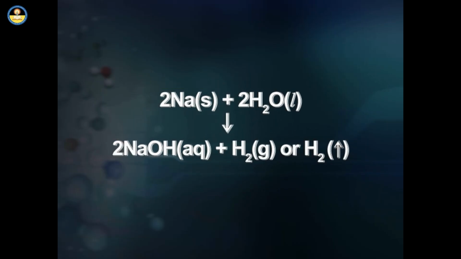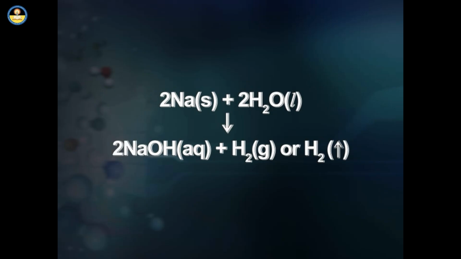Na in solid state reacts with 2H2O in liquid state to give 2NaOH in aqueous state plus hydrogen in gaseous state, or H2 with an up arrow.